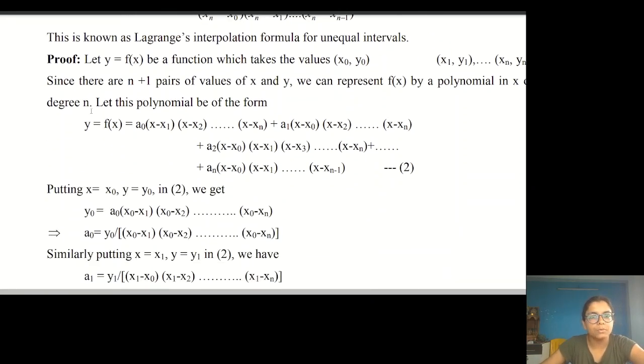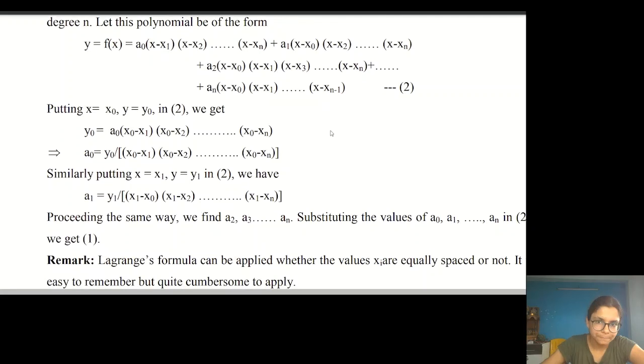We can have this proof that it is done here. It is like y is equal to f(x), x minus x1, x minus x2, x minus xn, and that's how we would create the whole polynomial form. Then we put x equal to x0 and y equal to y0, just like we have done in every other formula. This is a generalized formula.